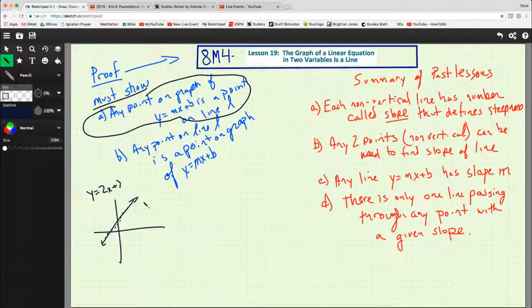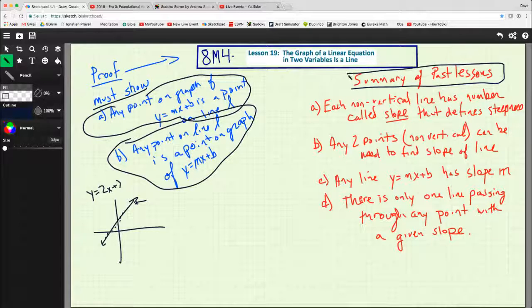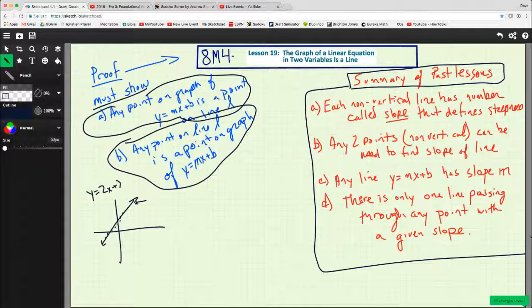And then you have to turn around and say that any point that's on this line must be on the graph of y equals mx plus b. We can do this proof, but I'll do it in a separate video if anyone asks for it. Otherwise, we're going to get to some fun stuff. We're just going to summarize what we've learned, and then go forward and learn some new stuff.